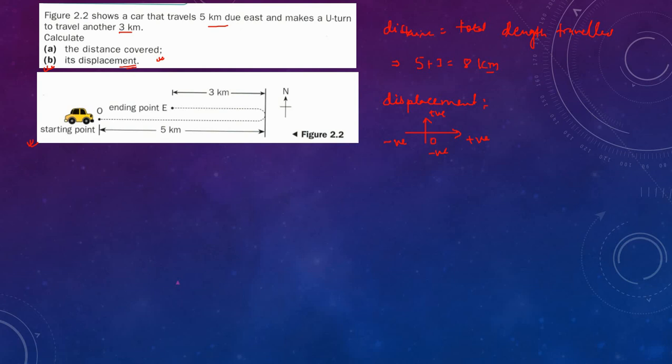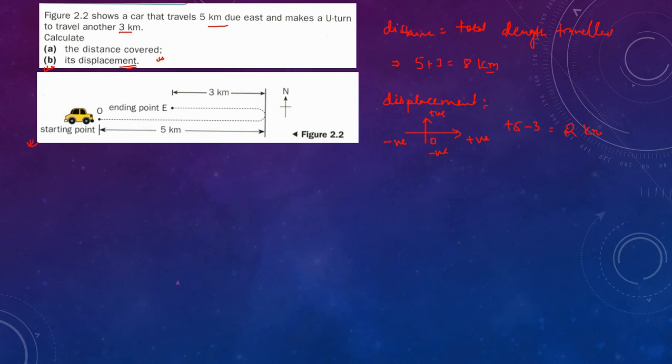If you're going 5 meters, it will be plus 5, and then minus 3. So in total you have moved 2 meters. Because it is plus 2, it means your displacement is towards east 2 meters. So this is a simple example to help you understand displacement and distance.